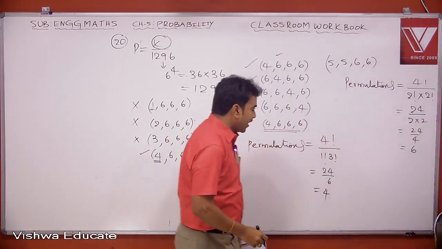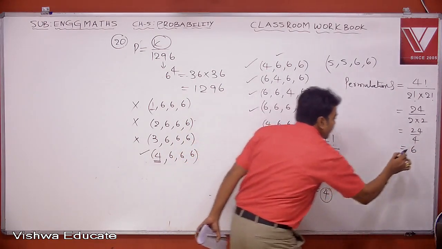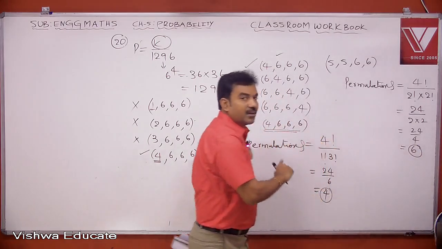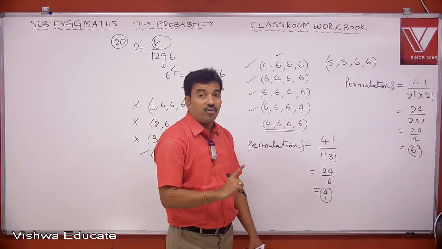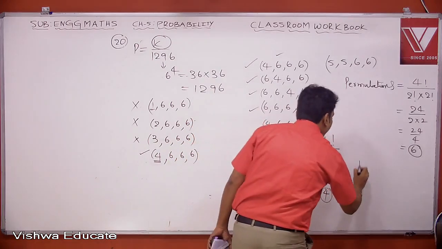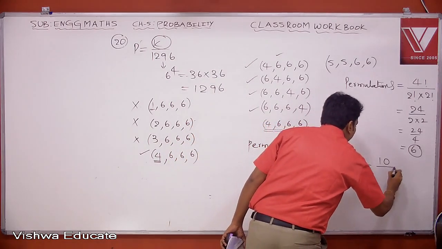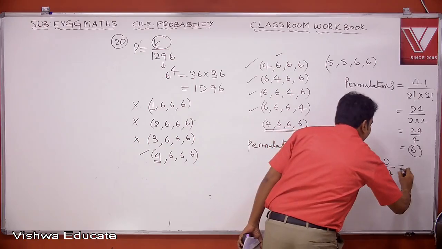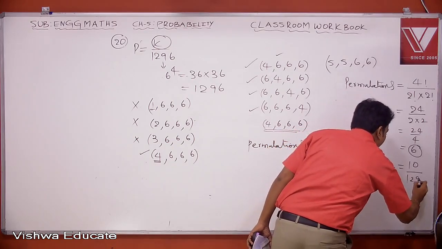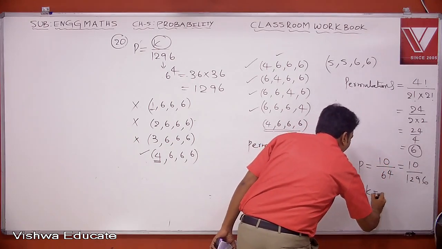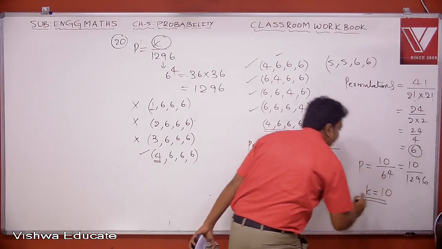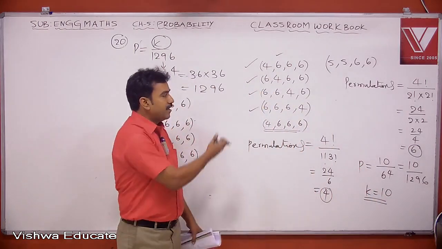Therefore, there are exactly 4 plus 6, 10 chances where the sum of the results is 22 when 4 dice are rolled. So the probability is 10 divided by 6 power 4, which is 10 divided by 1296. Therefore, the value of k is exactly 10. Note down these points.